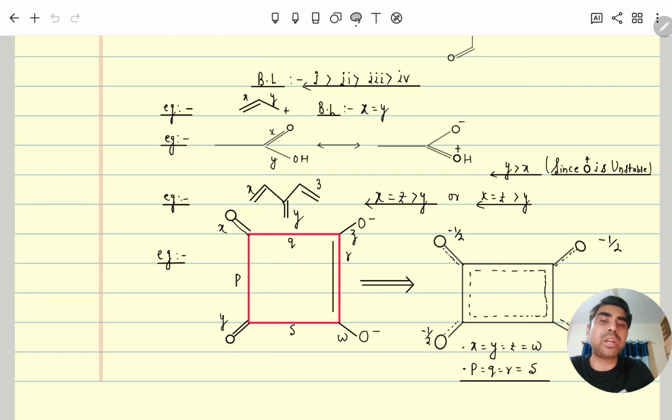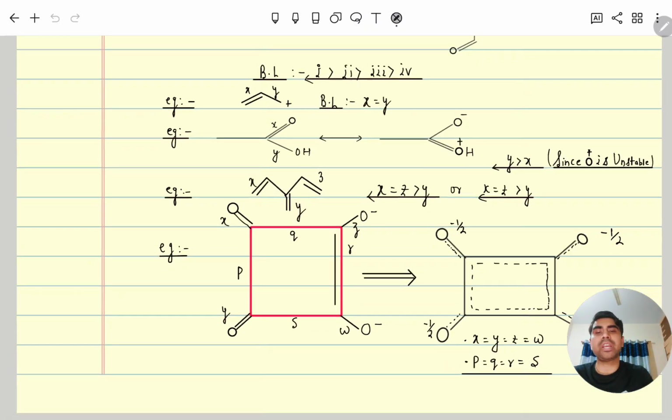Or another possibility, it can move this side also, means this bond order will be less, means bond length will be more, means I can say Y will be greater than X and Z, X and Z will be equal, or Y will be less than X and Z, X and Z will be equal.